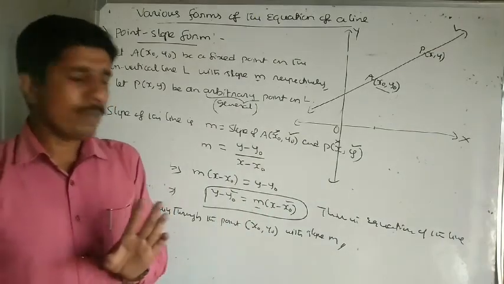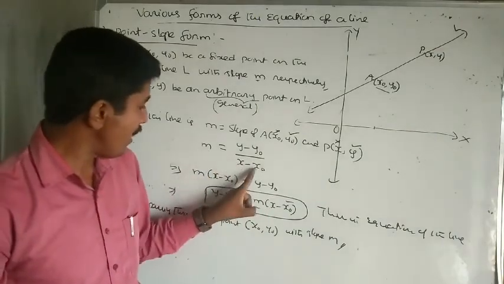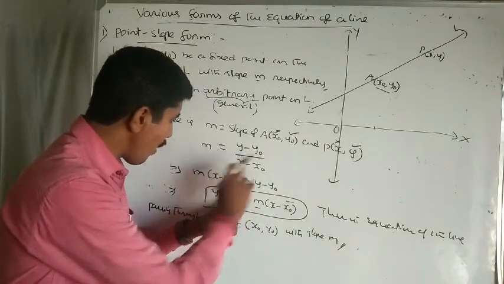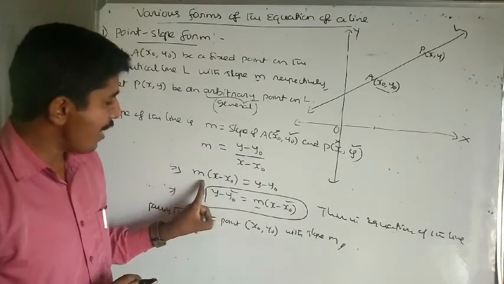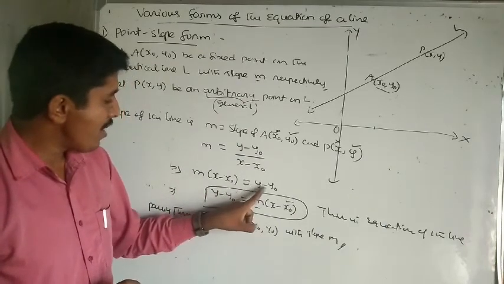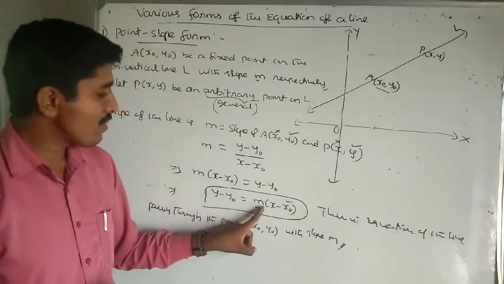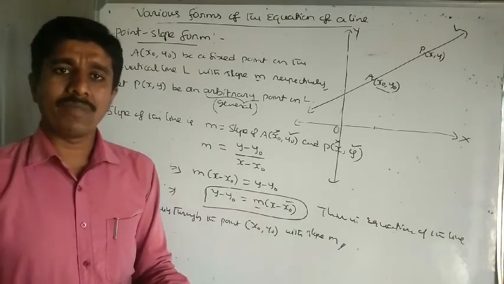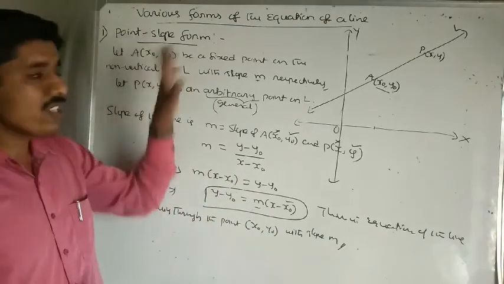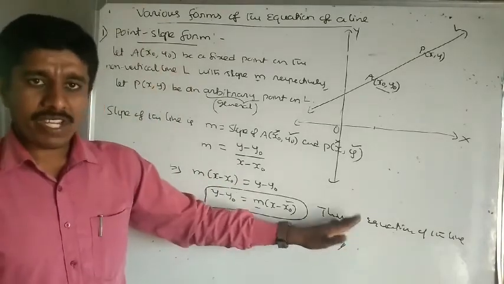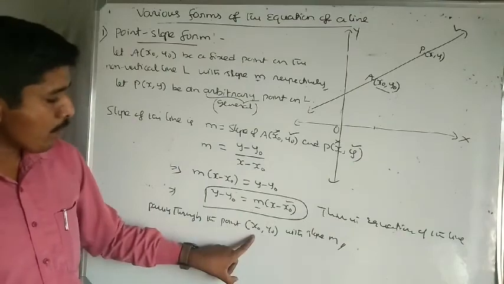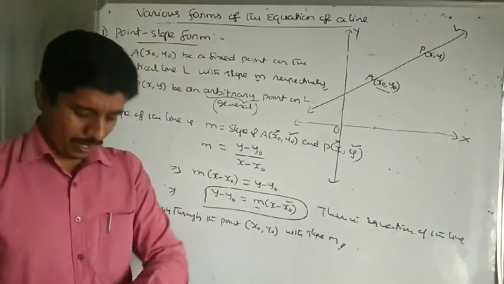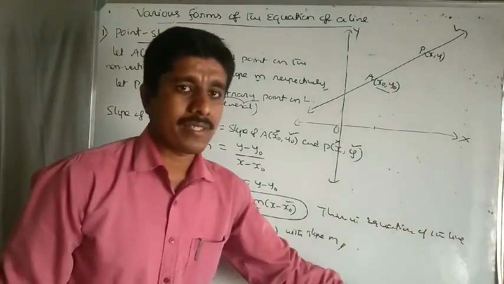By cross multiplication, m into x minus x naught equals y minus y naught. Interchanging LHS and RHS, y minus y naught equals m into x minus x naught. This is the standard equation of the line in point slope form, the equation of the line passing through the fixed point x naught comma y naught with slope m. Very important. Got it?